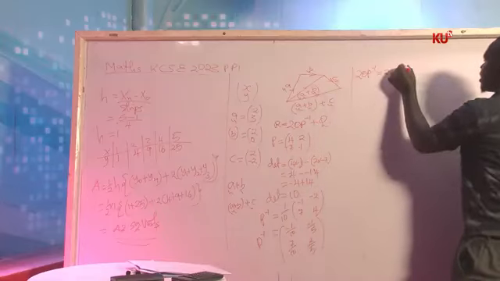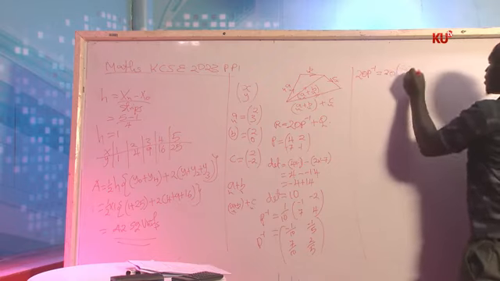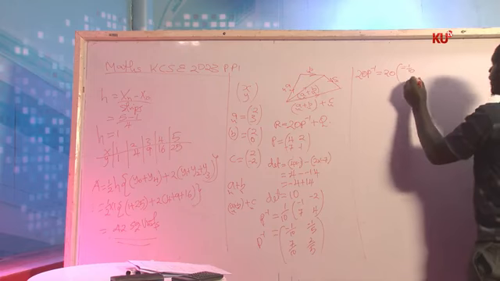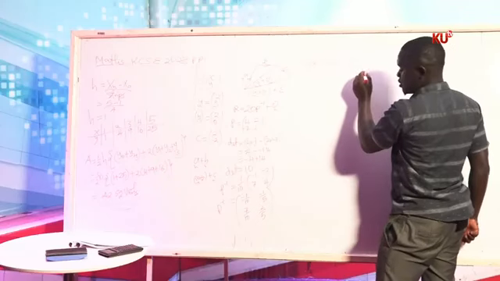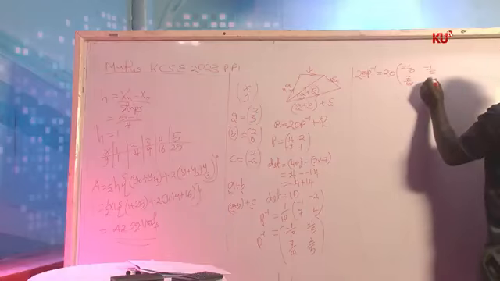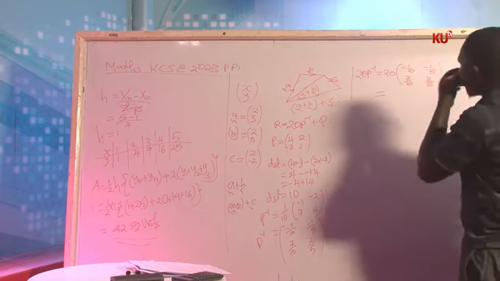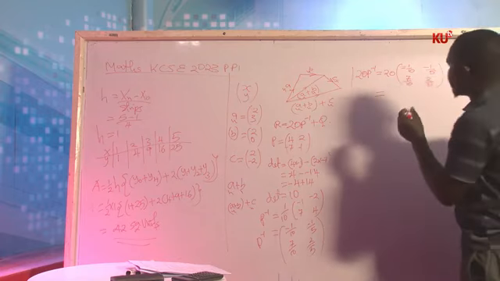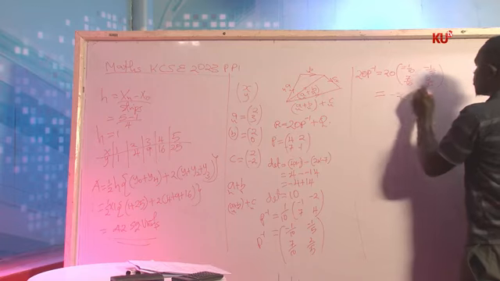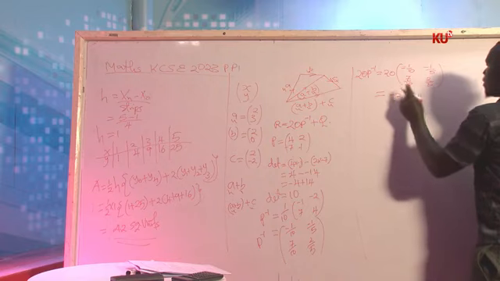which we've gotten as negative 1/10, 7/10, negative 1/5, 2/5. So when you work it out, this becomes negative 2. This one times 1 here will be becoming negative 4.